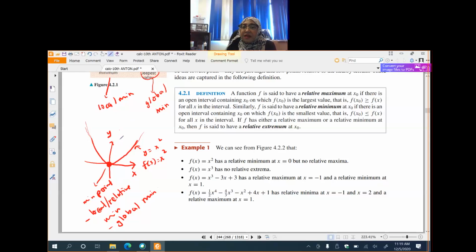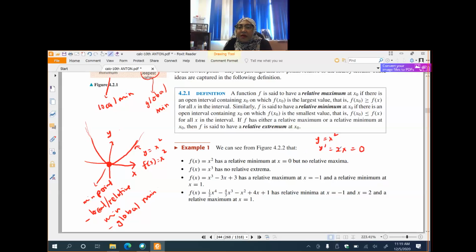If you don't, it's easy because relative minima normally happen when f prime of x is equal to 0. So you just have to differentiate y equal to x squared, then your y prime is equal to 2x. You let this equal to 0 because it will be the critical point when it reaches its minimum point.